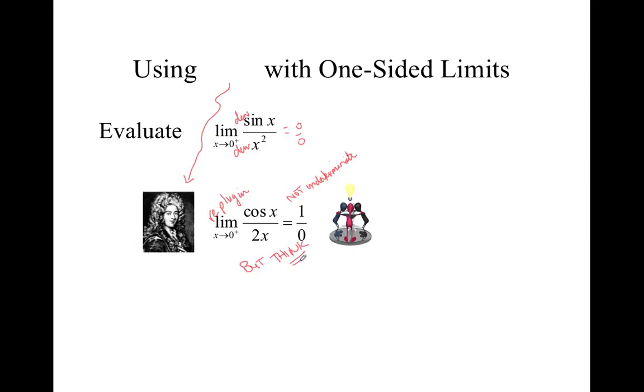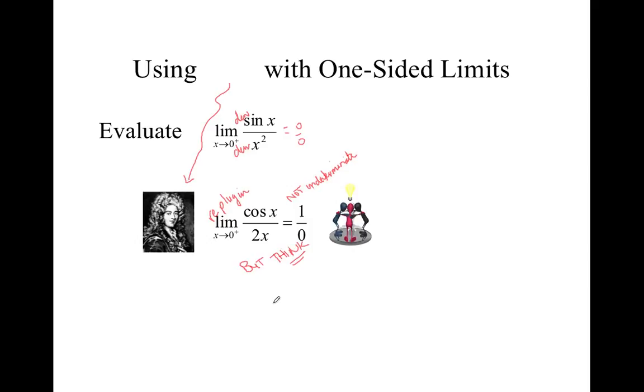Remember, you're not in Algebra 2 where you're just like, oh, something doesn't exist. I'm not asking you about anything existing. I'm asking you about function behavior of sine x over x squared. I couldn't really think about 0 over 0. It's too confusing. But 1 over 0, I can think.